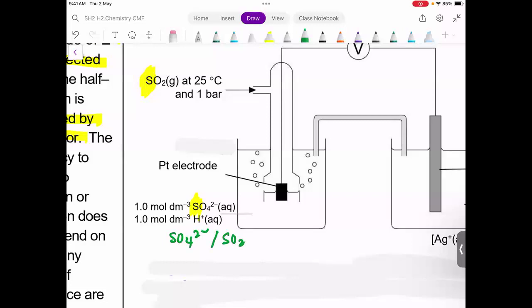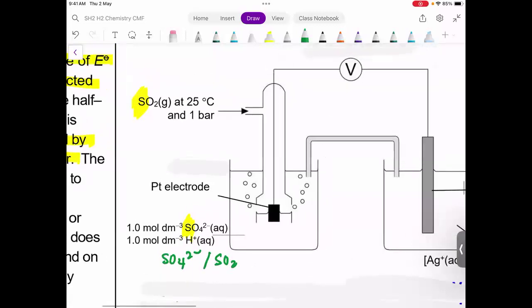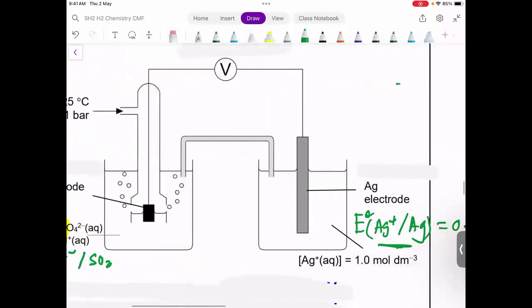Okay, so after you have identified the two half cells, you are supposed to look at which one has a more positive E0 value, standard electrode potential. So which one has a more positive standard electrode potential? Silver. So if silver has a more positive E0 value, then this is your cathode.